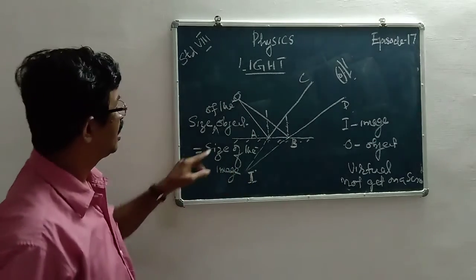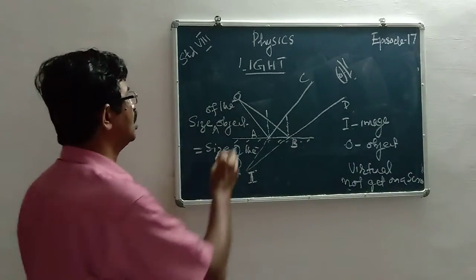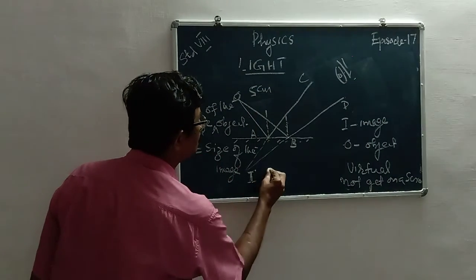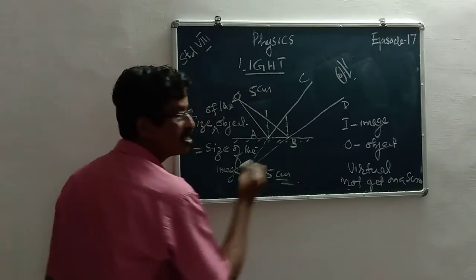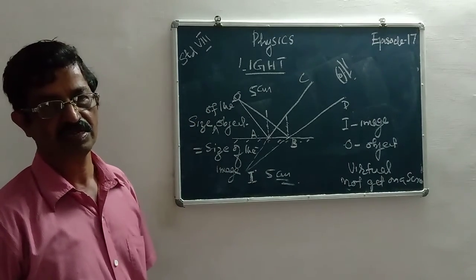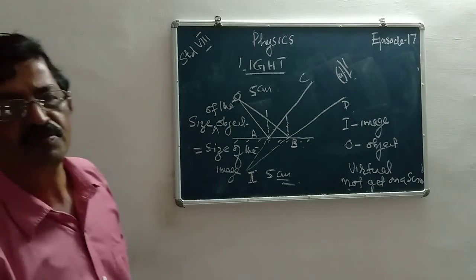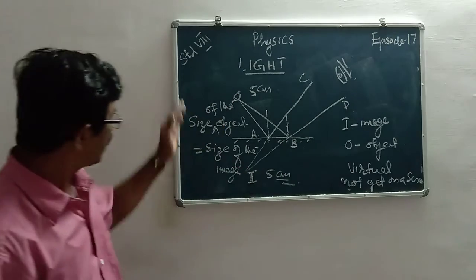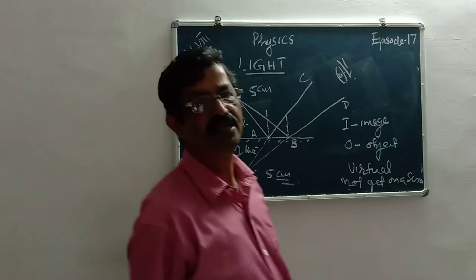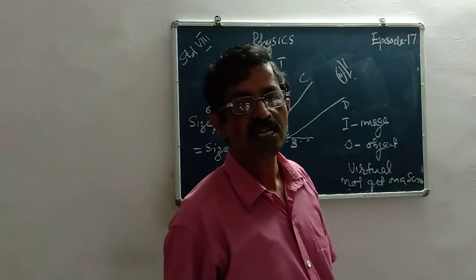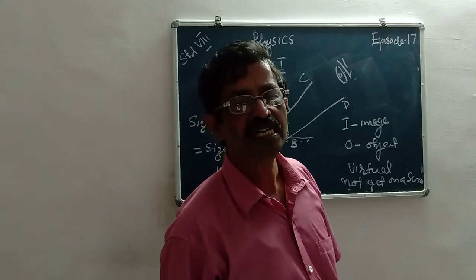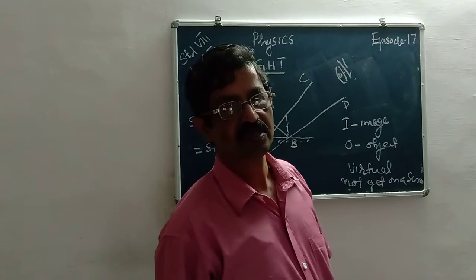It means if the object is 5 centimeters in length, then the image is also 5 centimeters. That means these two are of the same size. This is another thing you need to know about the image formed by a plane mirror: object size and image size are the same.